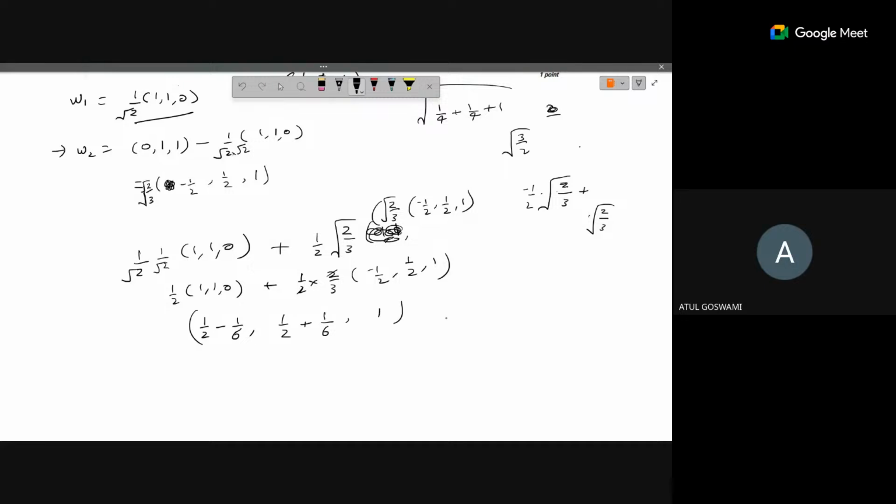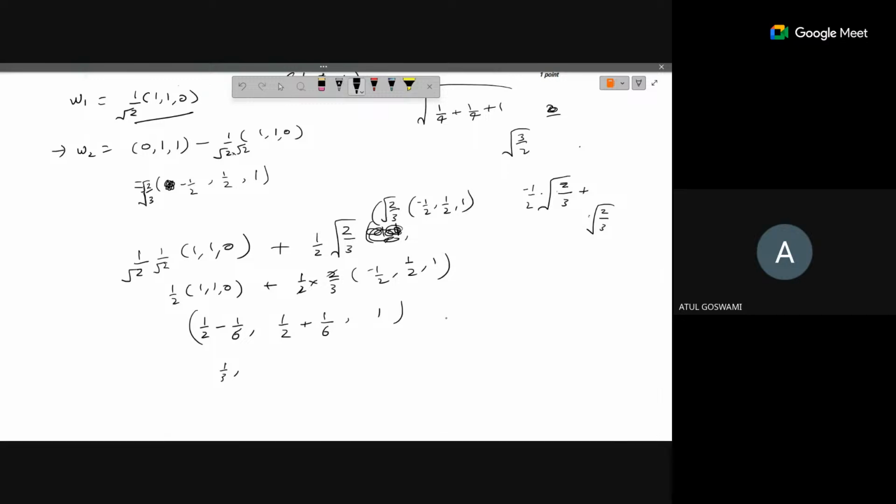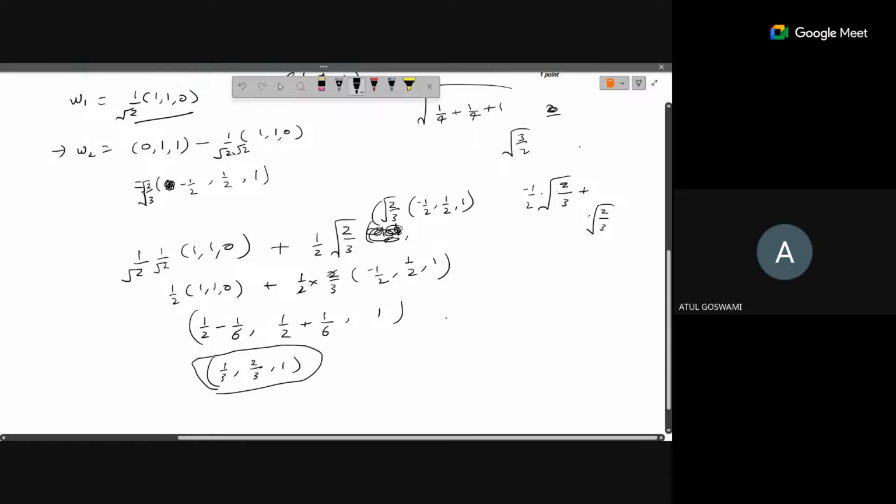So this would be 3 minus 1, that is 2 by 6, that is 1 by 3, and this is 4 by 6, that is 2 by 3, comma 1. So this is the projection vector.